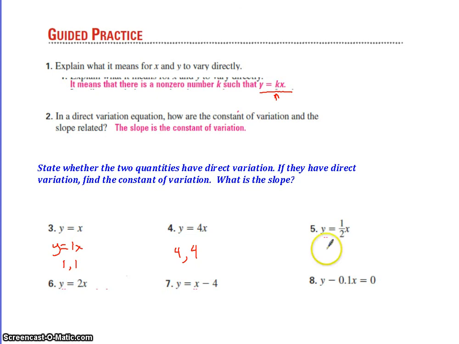So the constant of variation is 1/2, and the slope is 1/2. How about this one down here? Constant of variation is 2, and the slope is 2. This one, because there's a -4 here, is not a direct variation problem. So not direct variation.